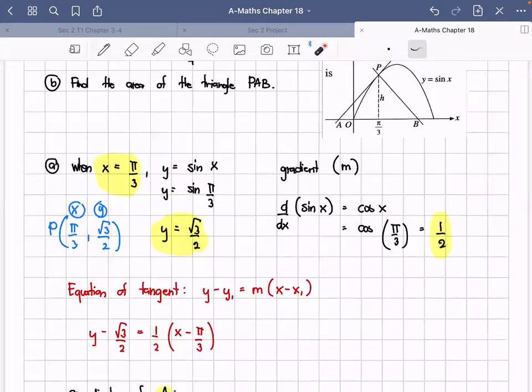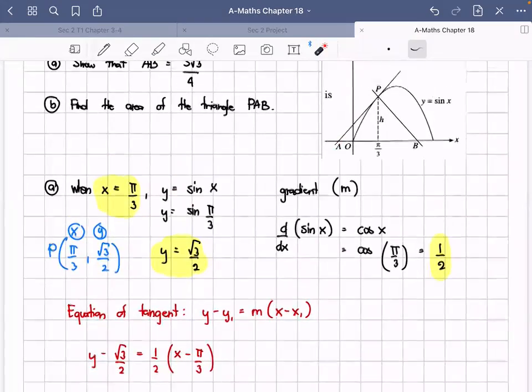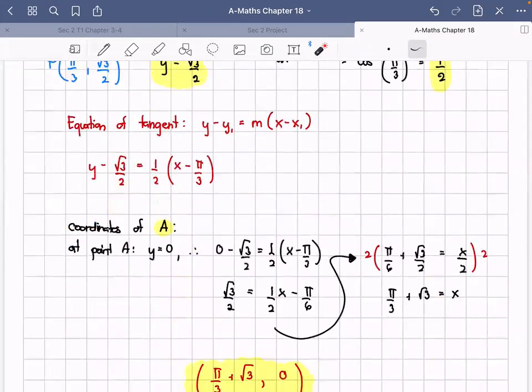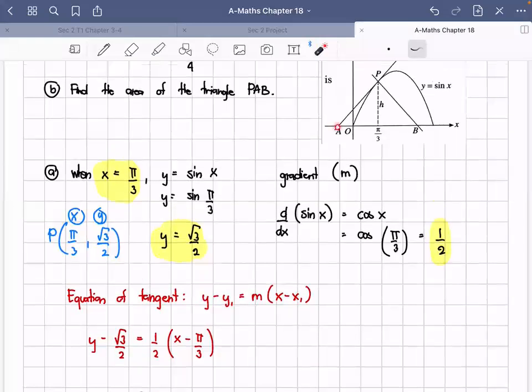Now, what we're trying to do here is how do we find the coordinates of point A? Now, to find that, we know that point A is lying on the x-axis, right? Now, if your point is on the x-axis, what is the y value of this? The y value of this point is 0, right?